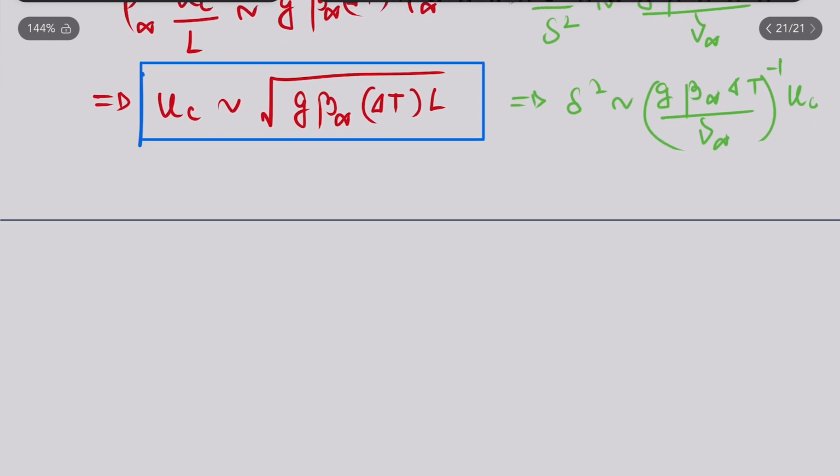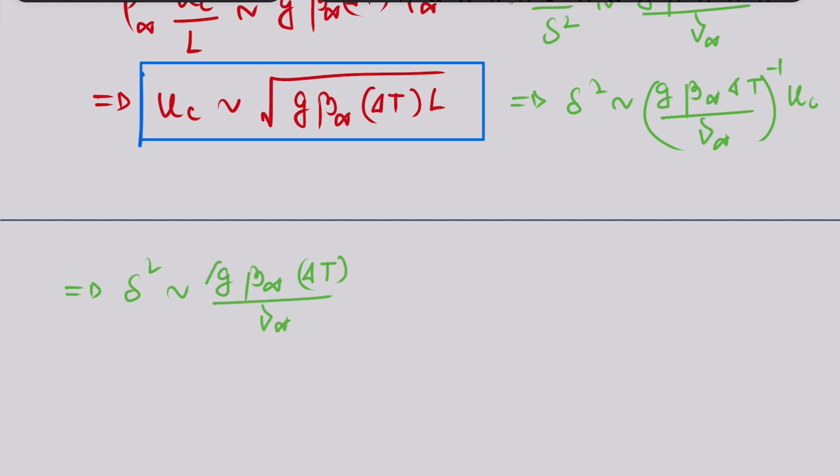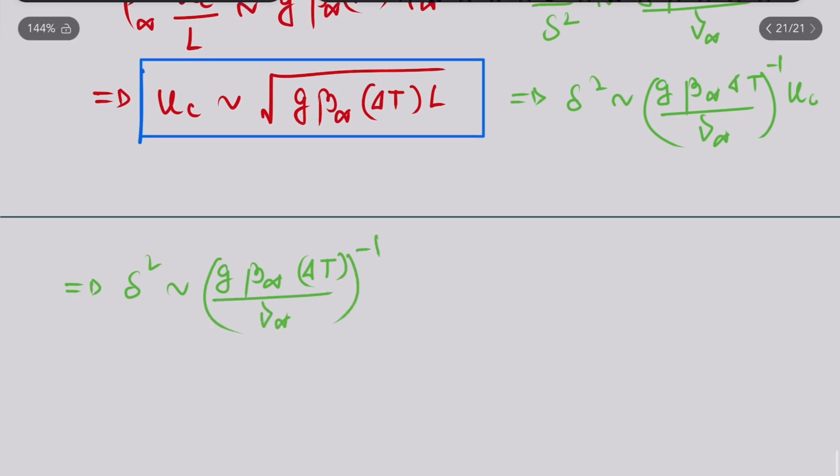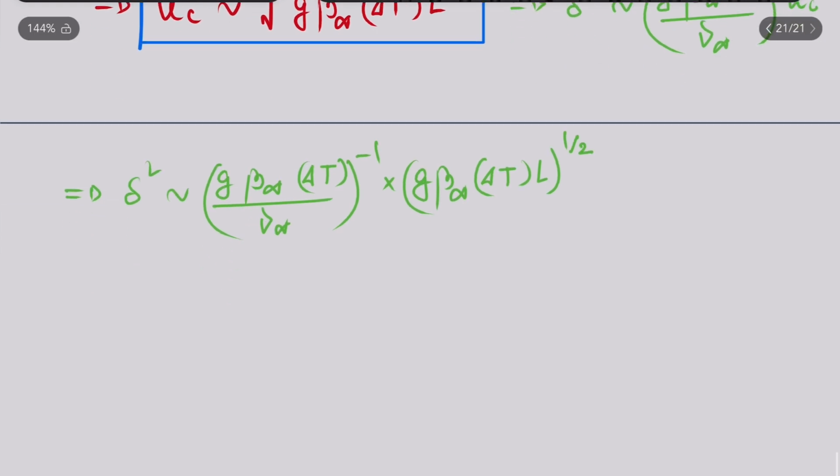Now if I put this one, that is delta square is of the order of g beta delta t by nu infinity whole to the power minus 1 into g beta delta t L whole to the power half, okay.